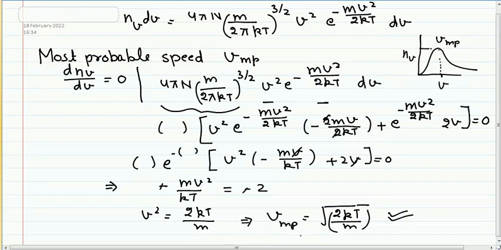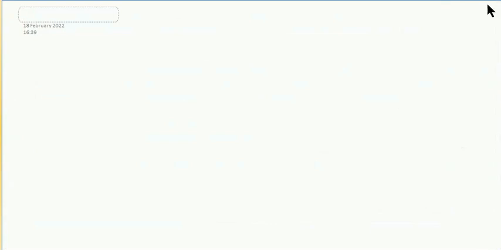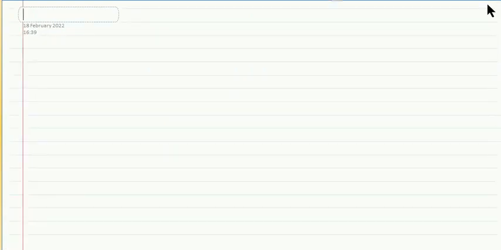So now let us go for another exercise, which is the calculation of the average speed. So again we will use the same function. So go to another page and again write the same function, because we will need it again and again.